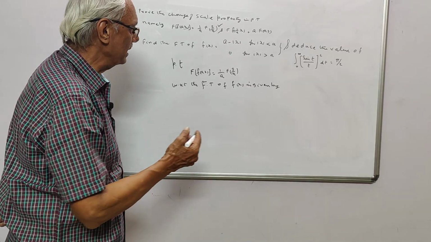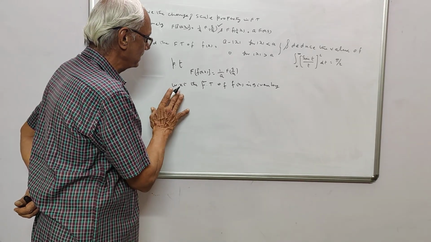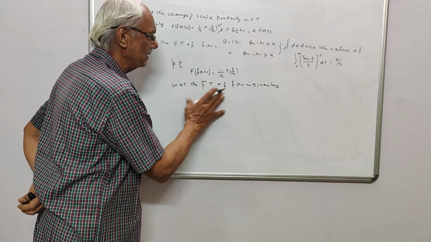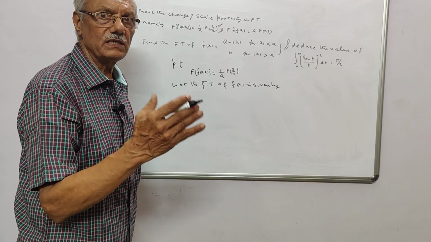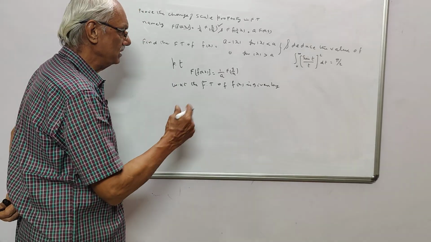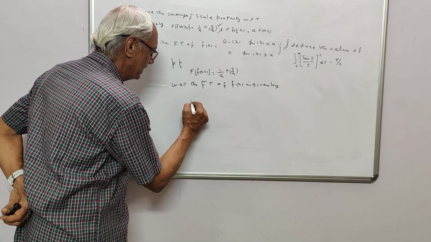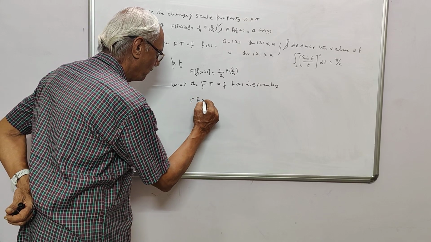So this Fourier transform will come for the function f of x throughout the line minus infinity to plus infinity. So this is given by, how do you give this? This is f of x.